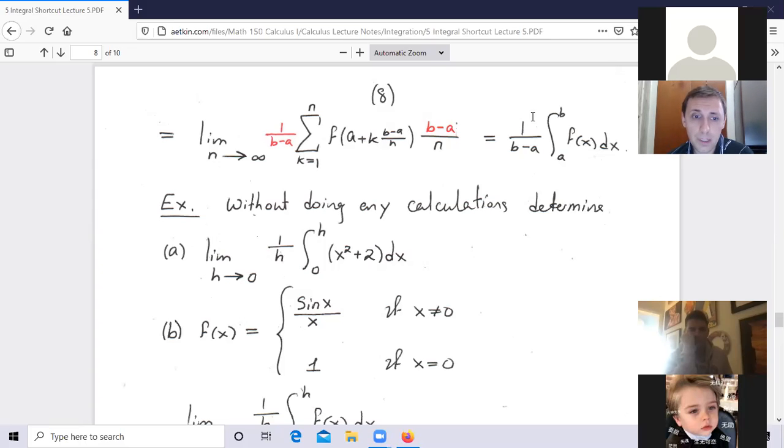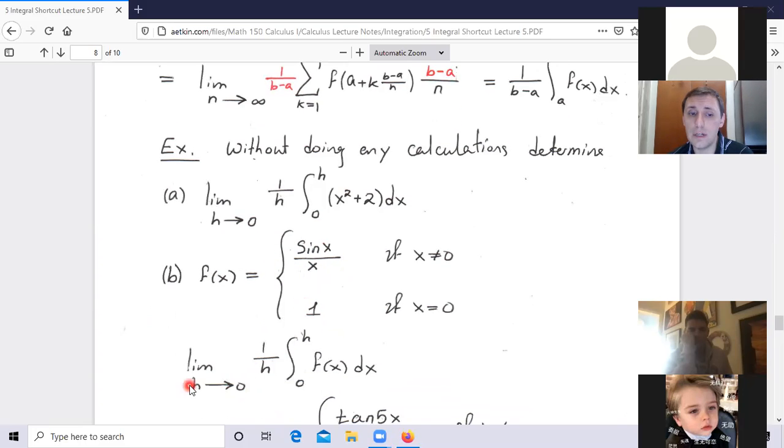So, what about B? Look at it, sine x over x, and 1 if x is 0. Please tell me what would be the average as h goes to 0, 1 over h, integral from 0 to h, f of x dx.